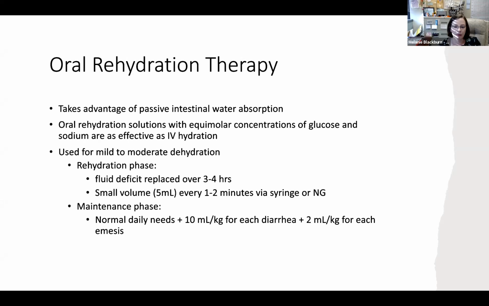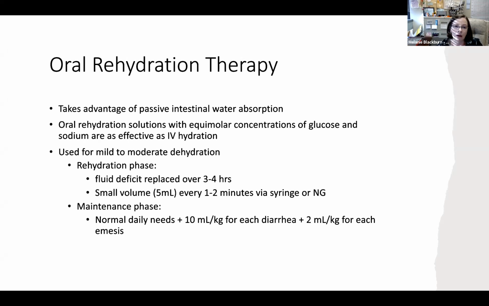So let's talk a little bit about oral rehydration therapy, because I feel like we jump a lot of times to IV hydration and forget that we have a great way of getting fluids in patients, and that's actually more effective. This takes advantage of passive intestinal water absorption. If you're using solutions with equimolar concentrations of glucose and sodium, then these are actually as effective as IV hydration.